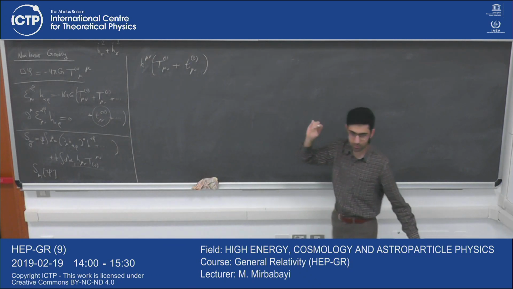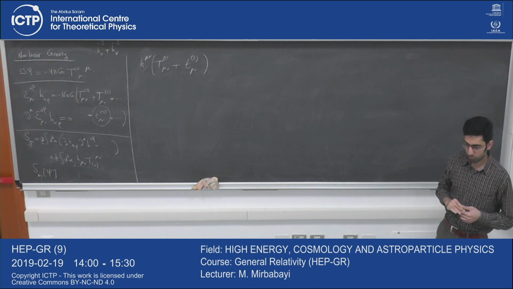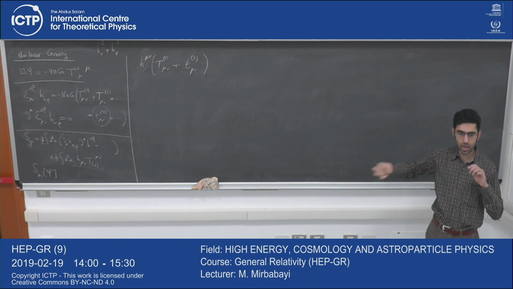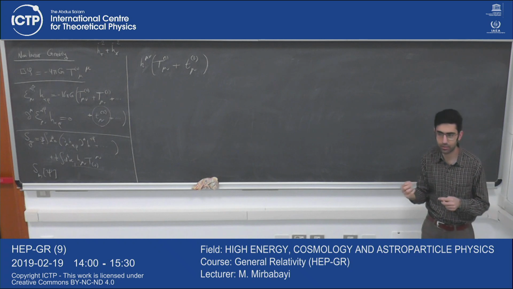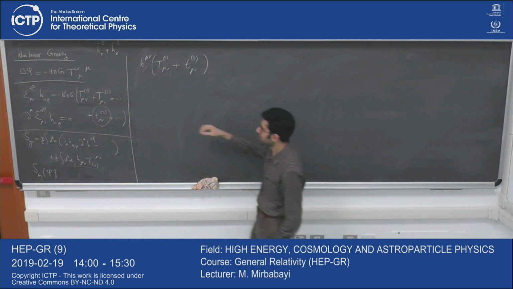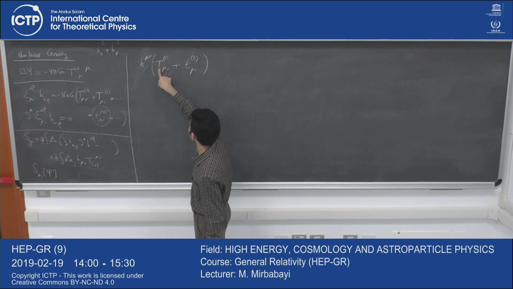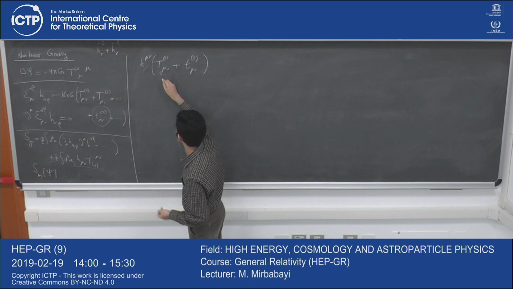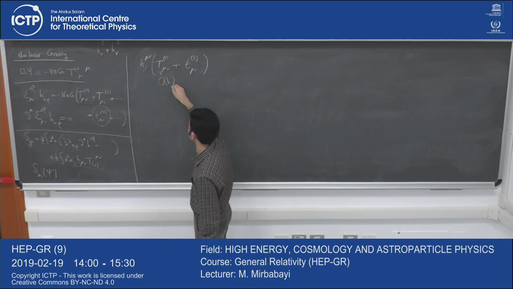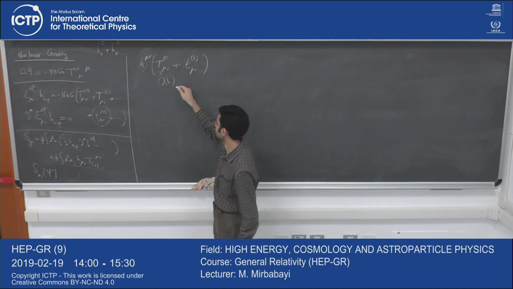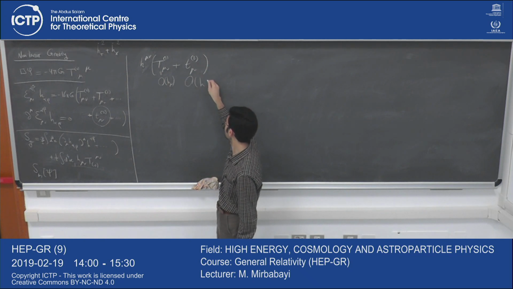Although this is very schematic, because you really want to write something whose variation with respect to h mu nu reproduces those terms. And since this one already contains, remember, it is order h mu nu, it contains one h mu nu in here. And here we have 2 h mu nu.